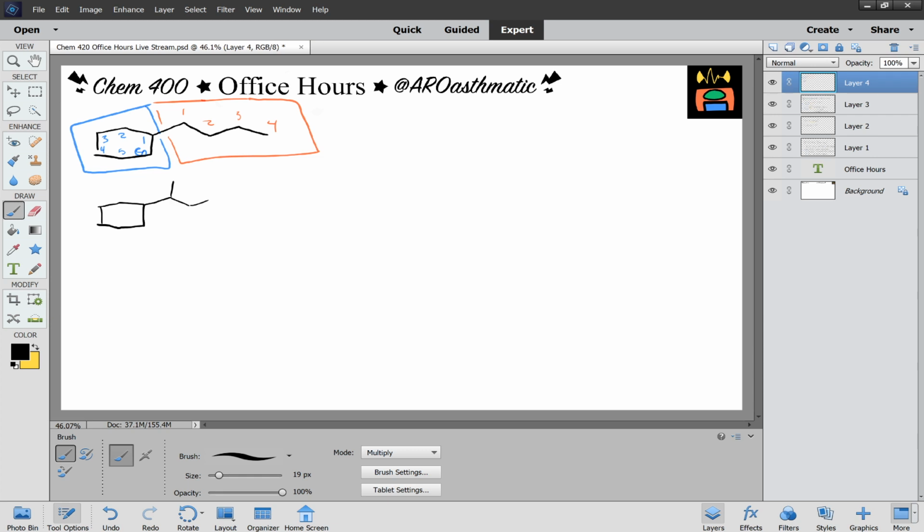In the first example, which I'm going to call A, we had the butyl side chain attached at carbon 1. Here, in example B, the butyl is attached at carbon 2.